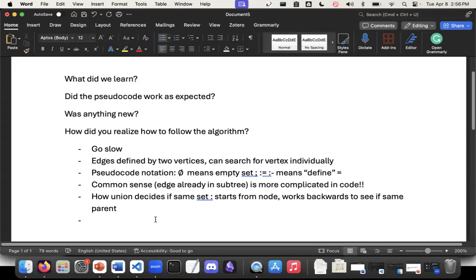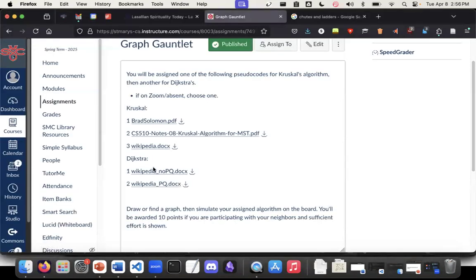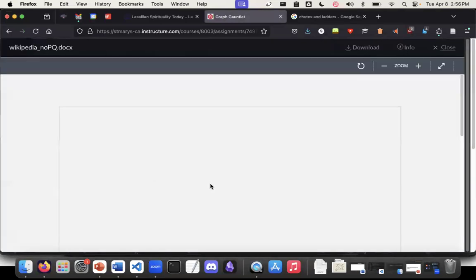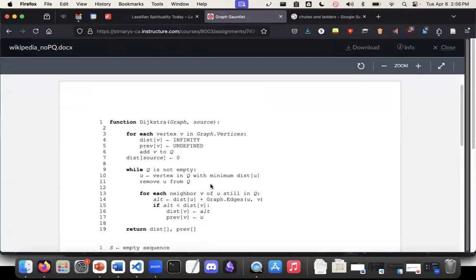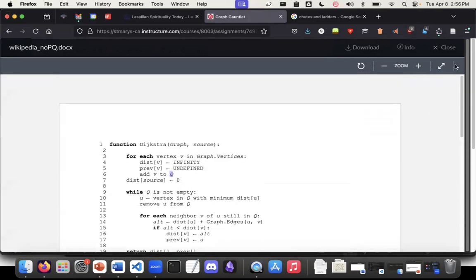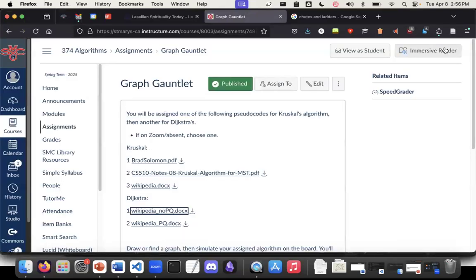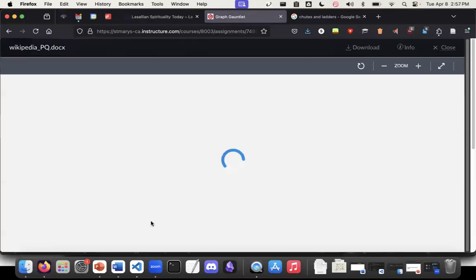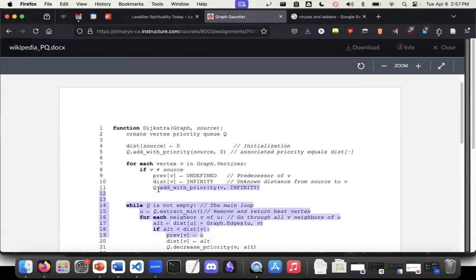All right, so for no priority queue, we have just distances and the previous and something queue. For priority queue, we have distance, previous, and an actual priority queue.